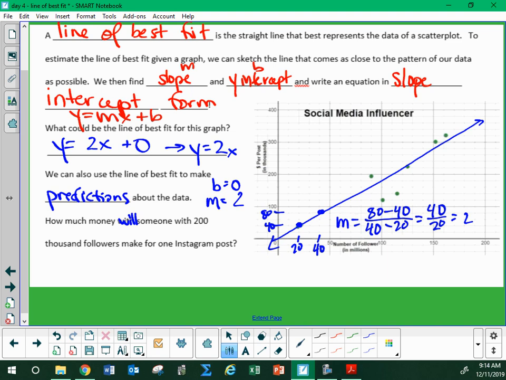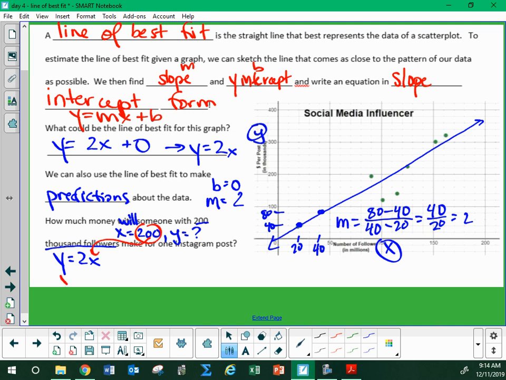Our number of followers, that was X. The amount, that was our Y, right? So if we have our equation, Y equals 2X plus 0, so Y equals 2X. How much money will someone with 200,000 followers make? So 200,000 followers, is that my X value or my Y value? X, yeah. So what we're saying is when X is 200, how much is Y? Okay, well we just put it into our equation.